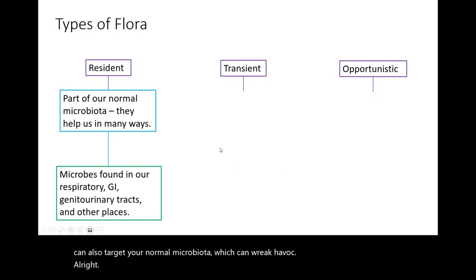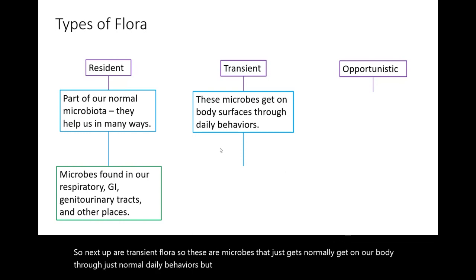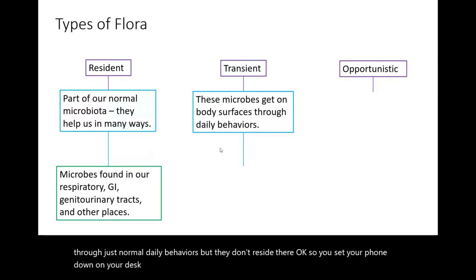So next up are transient flora. These are microbes that just normally get on our body through normal daily behaviors, but they don't reside there. Okay. So, you set your phone down on your desk, right? So it might acquire some pathogens, and you pick it up, you take it with you everywhere.